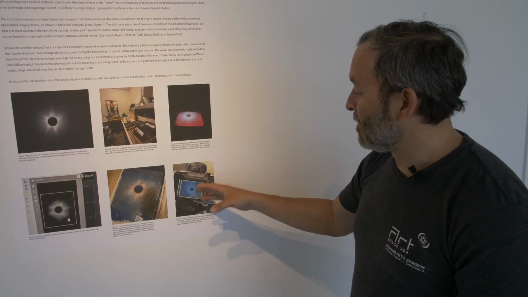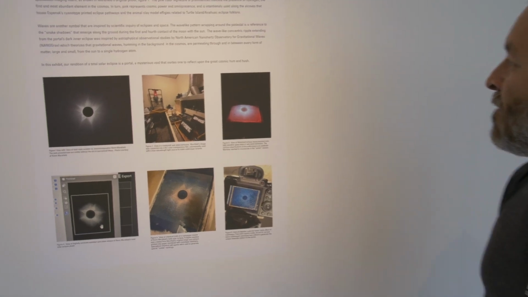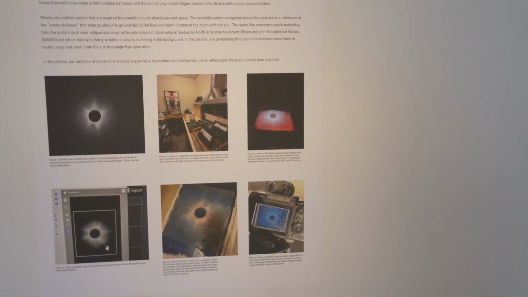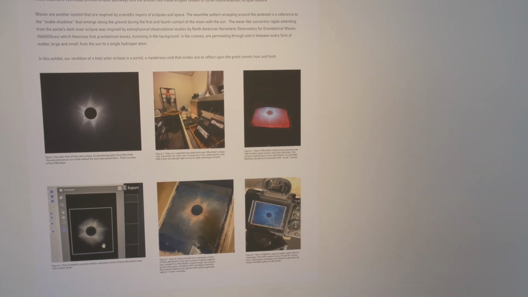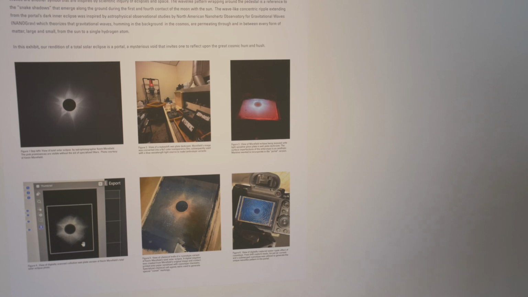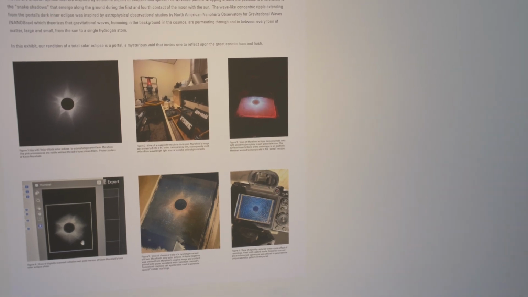And this was in reference to a variety of articles I read about the sun and gravitational waves in space. So it had to go through a lot of processing to get to this moment.